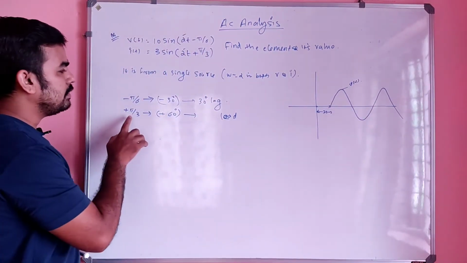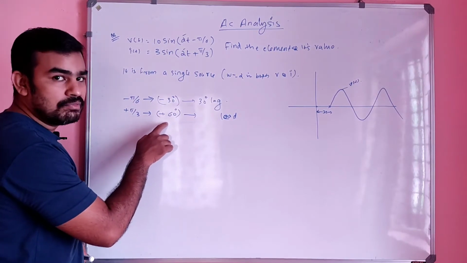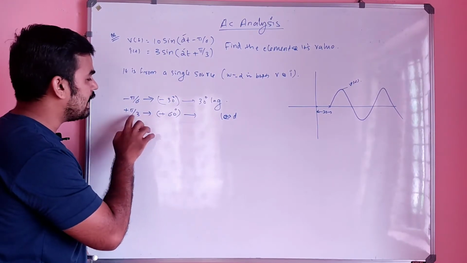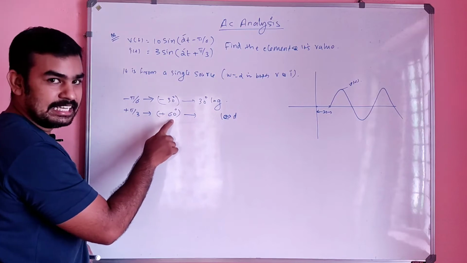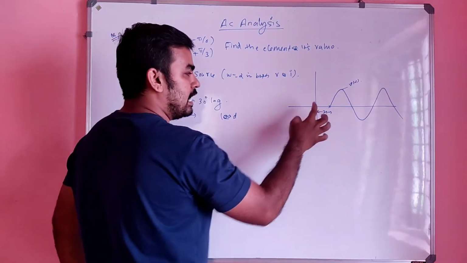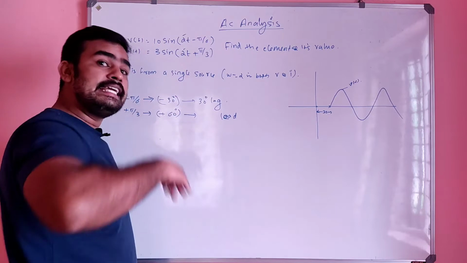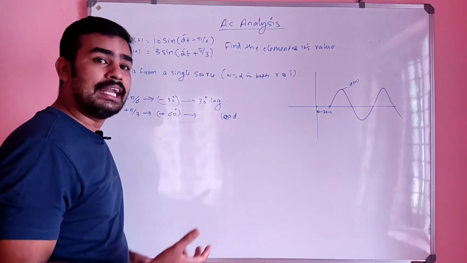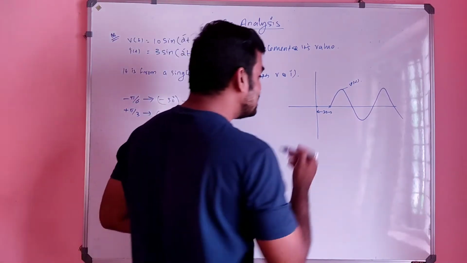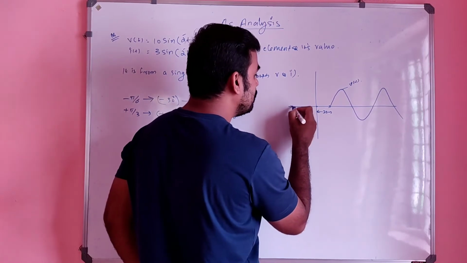But looking at the current value, what is the I of t angle here? Plus 60 degrees. That means the current wave started already, 60 degrees earlier.